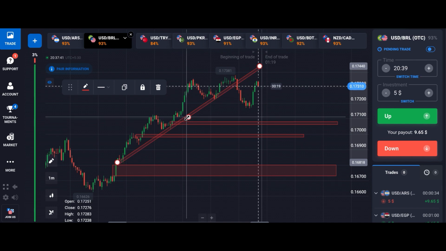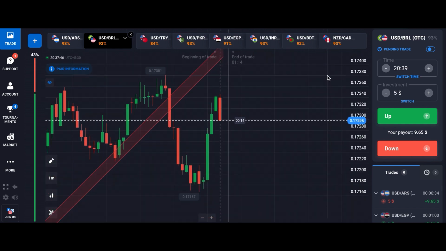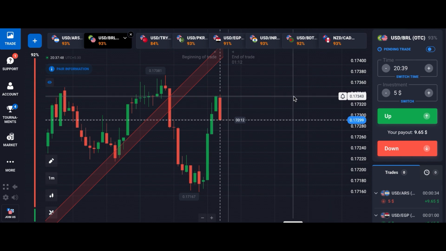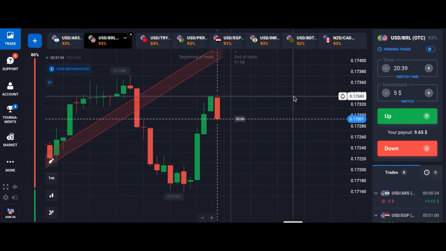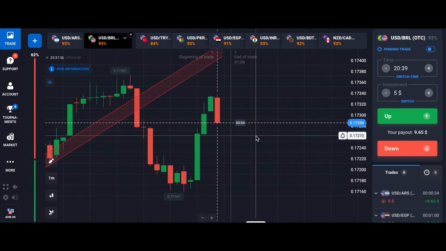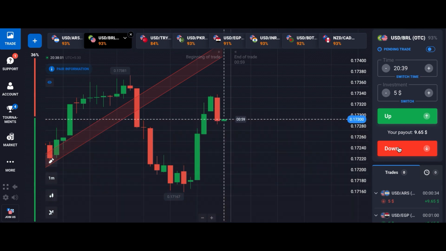Let me refine this chart so that, yeah, okay, this has engulfed. Okay, so I will go for a 1 minute downside trade.